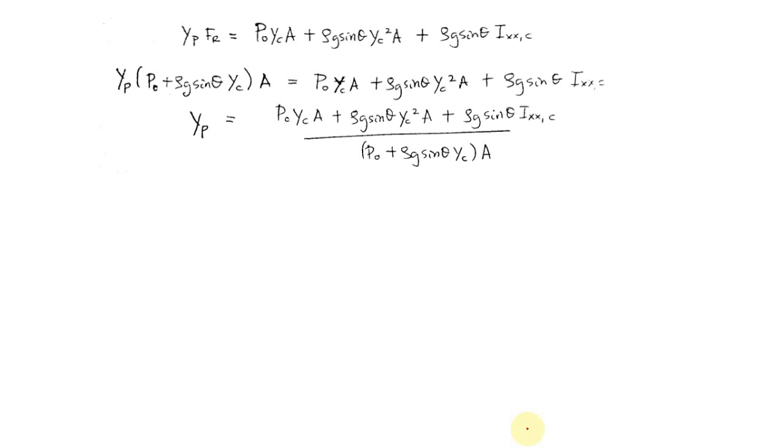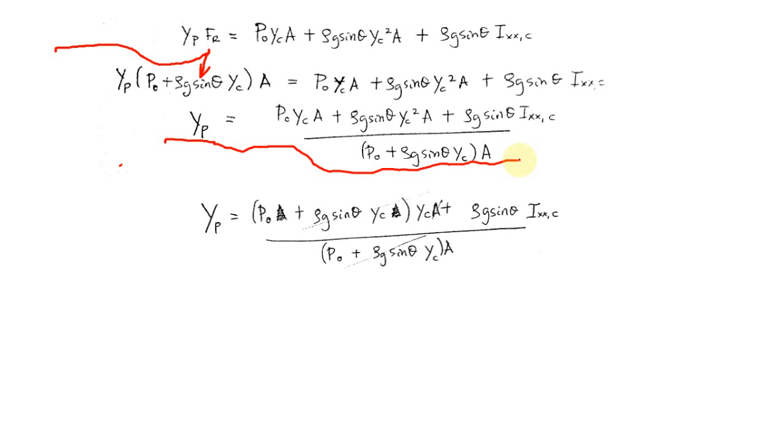And as we continue, we can substitute for FR, because we already know that FR is P naught plus rho g sine theta yc times area, and if we divide all terms by P naught plus rho g sine theta yc times area, we can have the value for yp.